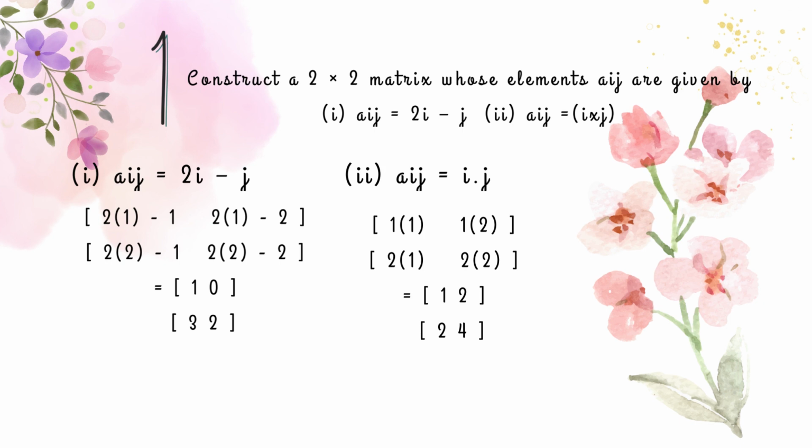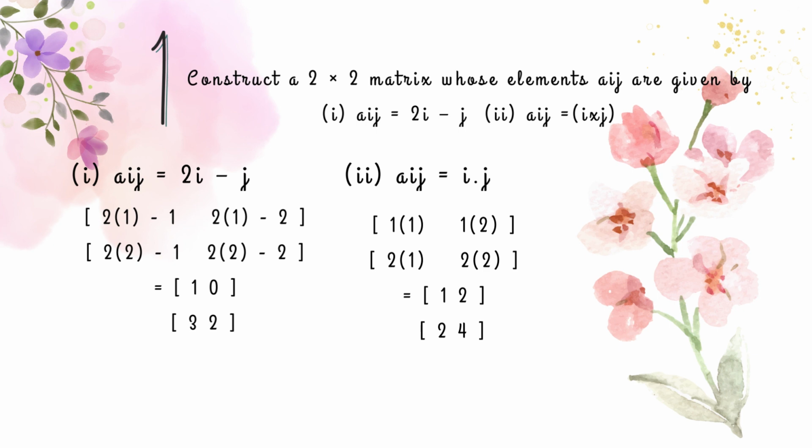See, i are the rows and j are the columns. You should just substitute the row and column numbers for each element. So if it's first row, first column, we can write this as a11. Next, we can write it as first row, second column, a12.